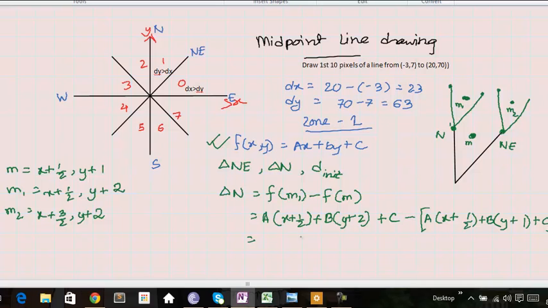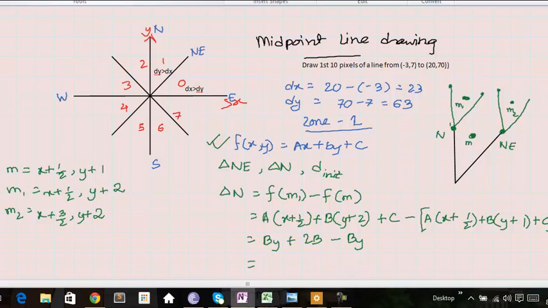After doing the arithmetic, ax plus half gets cancelled, c and c get cancelled, and the only thing left is by plus 2b minus by minus b.